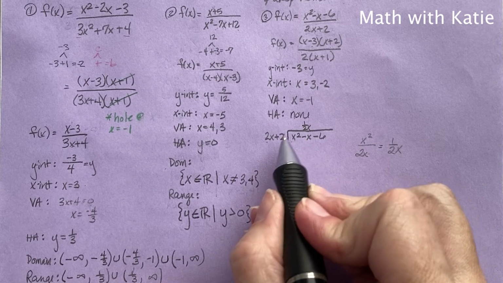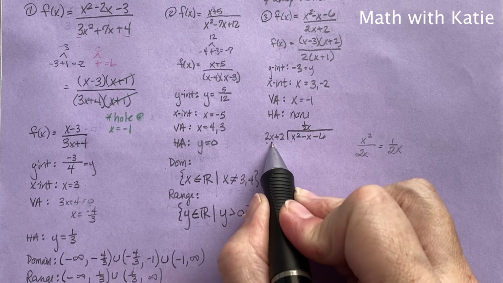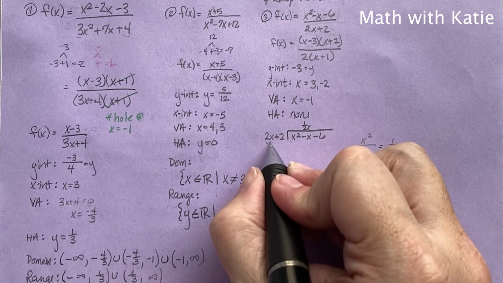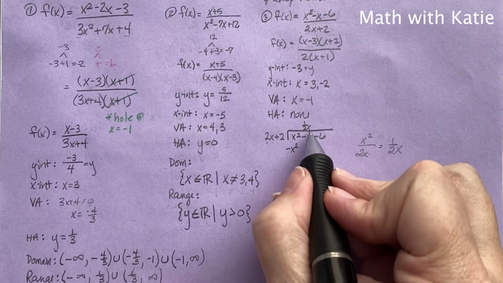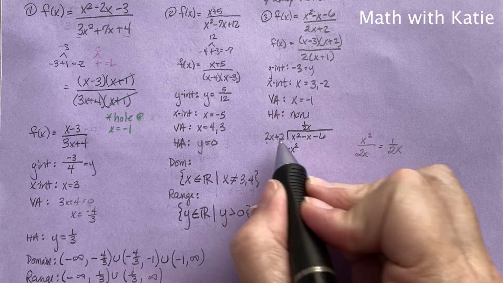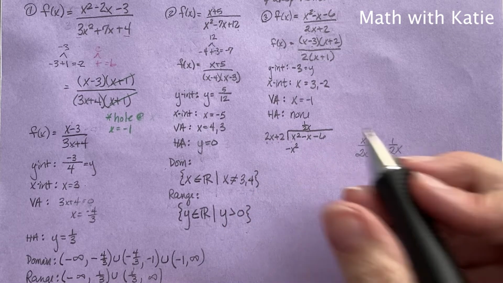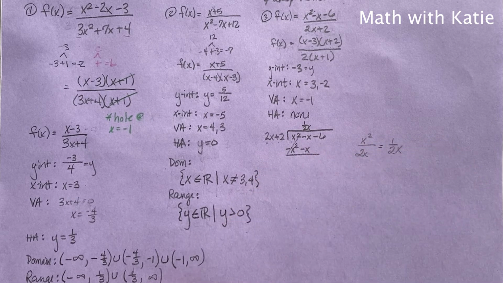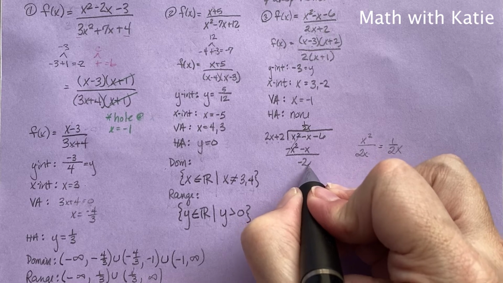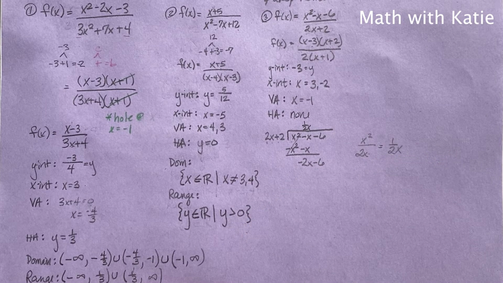So 1/2 x times 2x gives us x squared, pull it under, change the sign. 1/2 x times 2 gives us just x, pull it under, change the sign. That cancels. -2x minus 6.